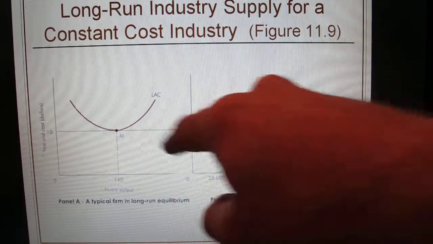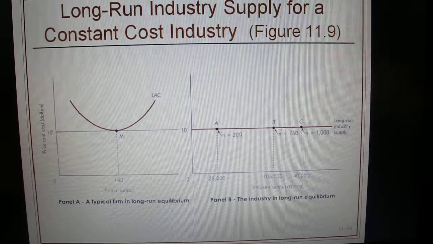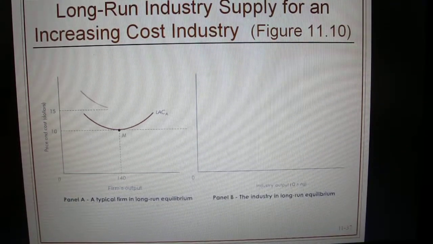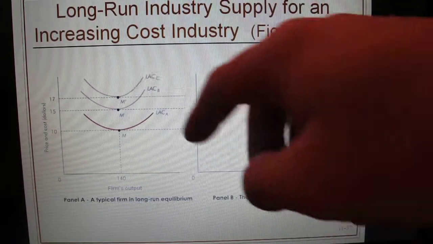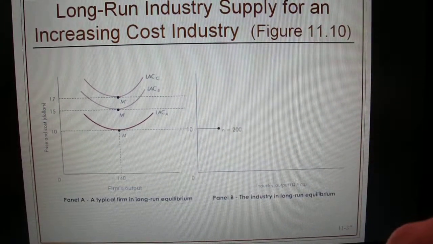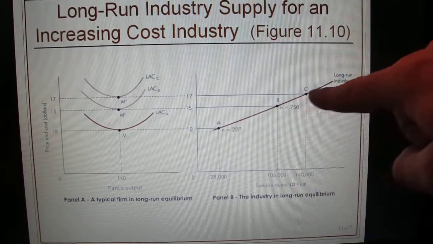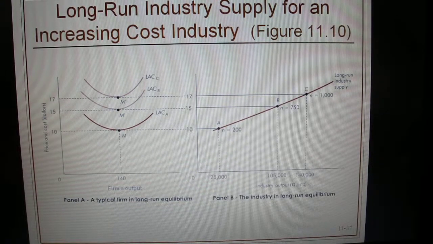Here's your typical firm, here's the industry, and you can see that it's a constant cost industry because it's a flat curve. Whereas for an increasing cost industry, here's your firm A, maybe your firm B, and your firm C. And over here, you can see that as far as the industry goes, it's going to be a long run industry supply curve sloping upward.